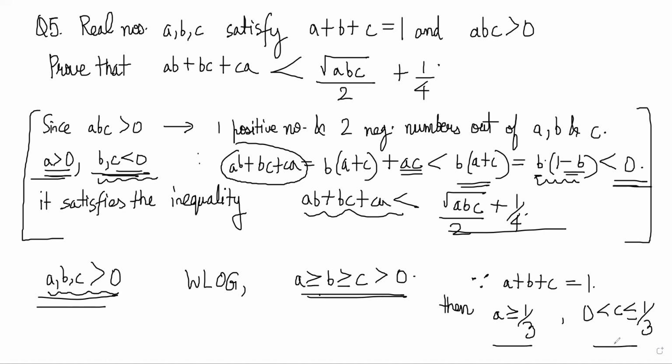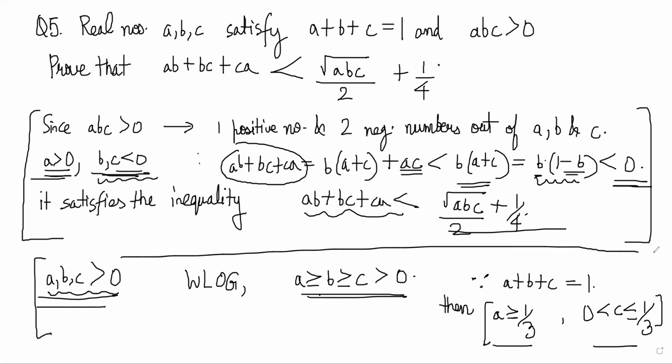Therefore, 1 is less than or equal to 3A, so A is greater than or equal to 1 by 3. And you can easily show that A has to be greater than or equal to 1 by 3 and C has to be less than or equal to 1 by 3. So keep this in mind, and now we go on to the next screen where we will discuss the inequality itself.